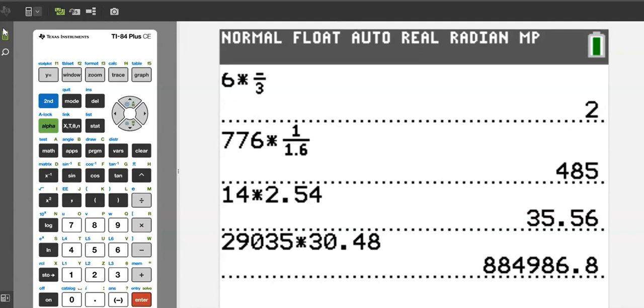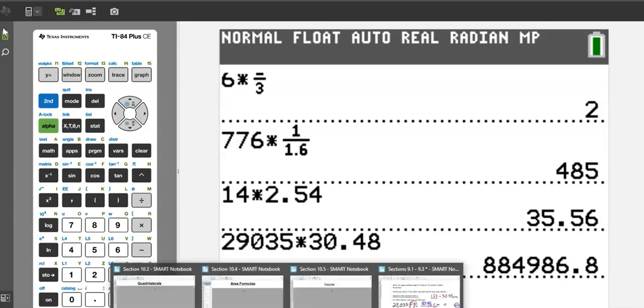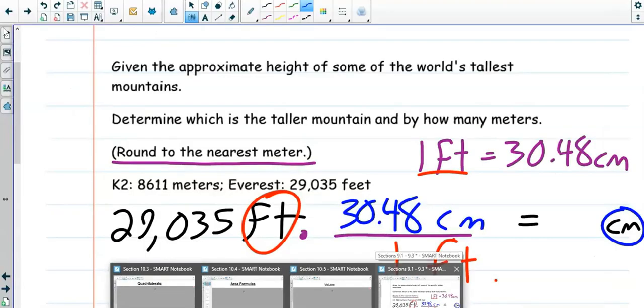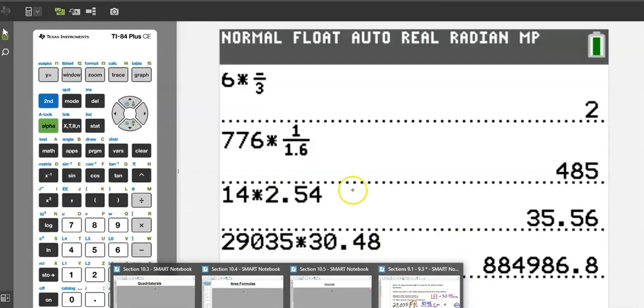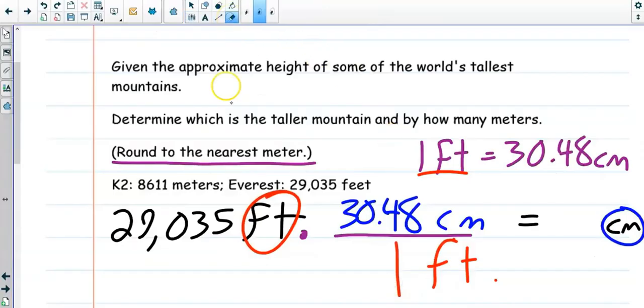986.8 centimeters. So 184,986.8. I have to go back and forth between this. I've got to make a little bit of room right here, just move my equal sign over.